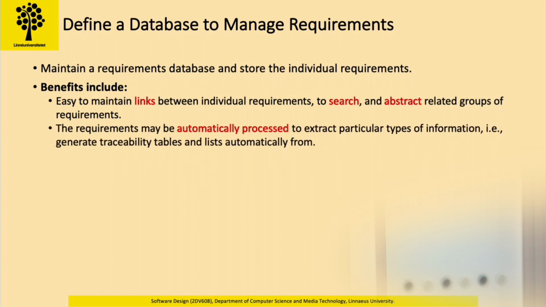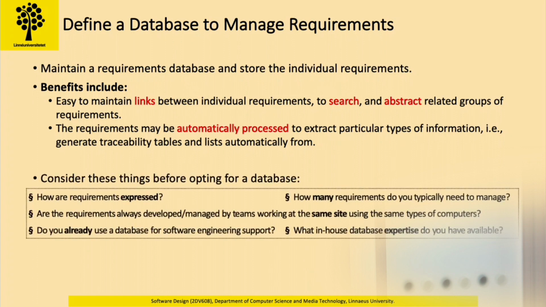So the benefits of a database are that you can easily search it, and you can automatically find the relationships between requirements. So there are multiple benefits, but the most important benefit is that you can easily find this traceability information or traceability relationship between requirements and other aspects of the system, like between design or components.